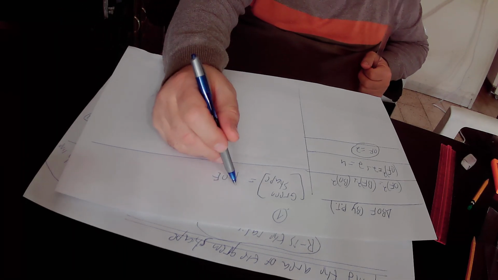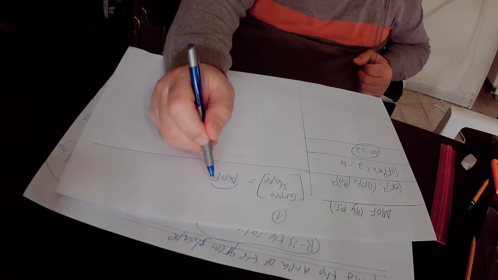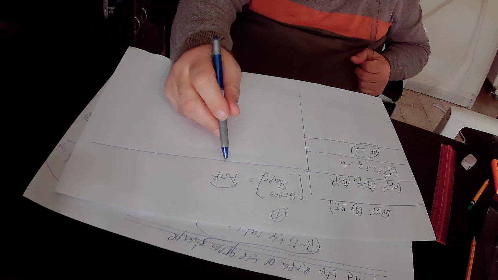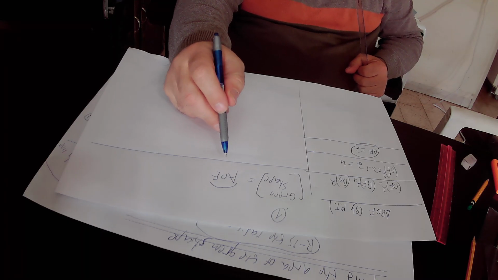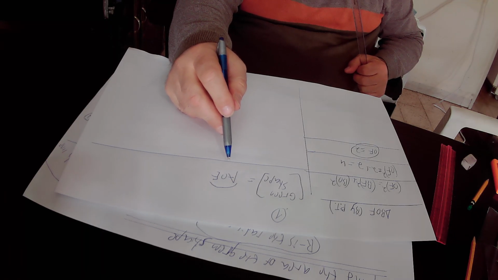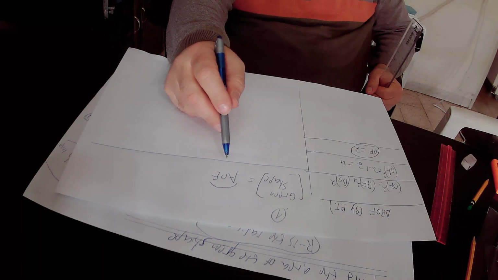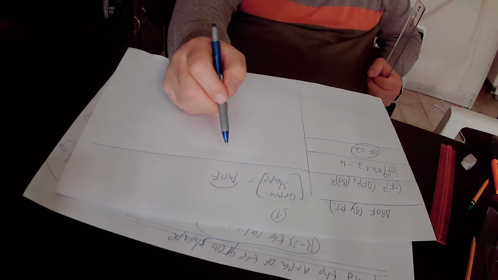Here, this rounded line around AOE is the sign of a sector. It means sector AOE.